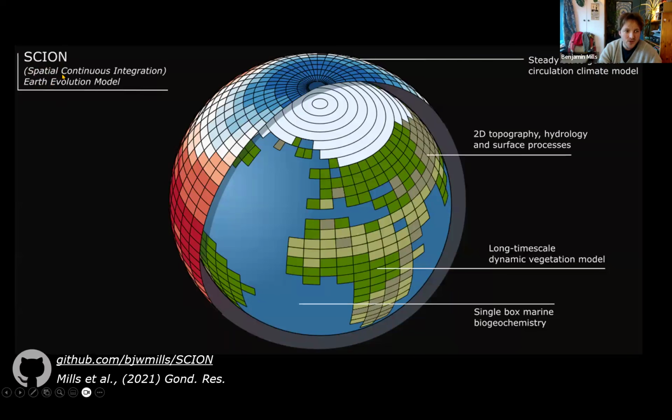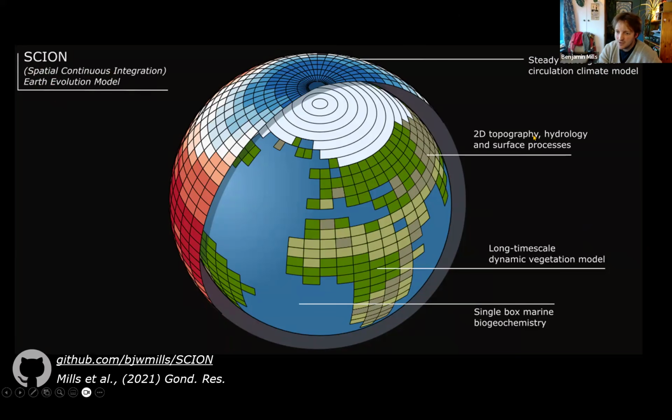It stands for Spatial Continuous Integration, which means that it has spatial components in the model, but it can also be integrated continuously over millions or even billions of years. The way we do this is we have a steady state GCM climate. More on this later. We don't actually solve any of the physics. We just have a 3D climate that is controlled by the other model variables.